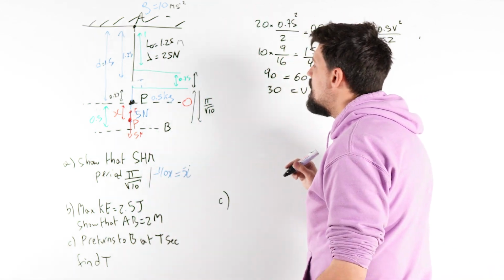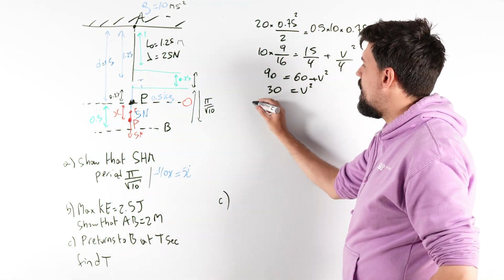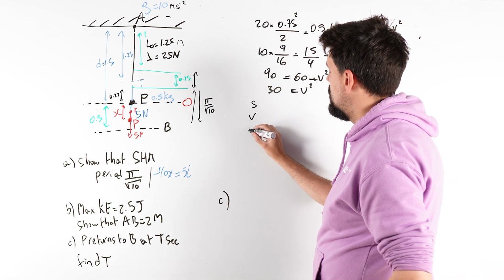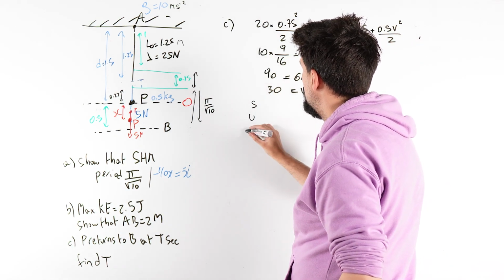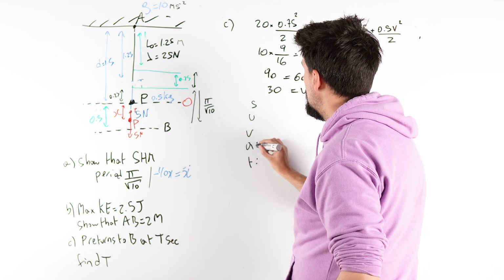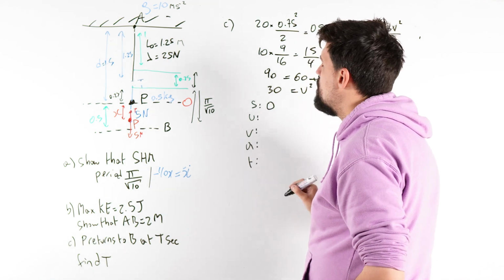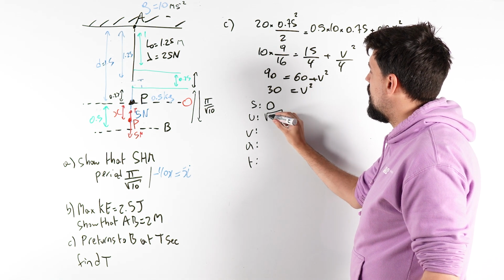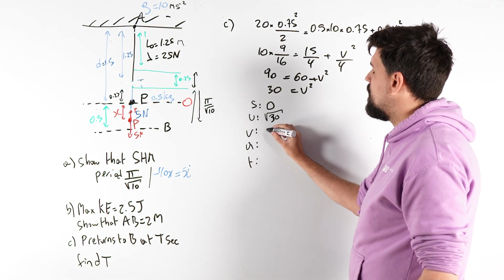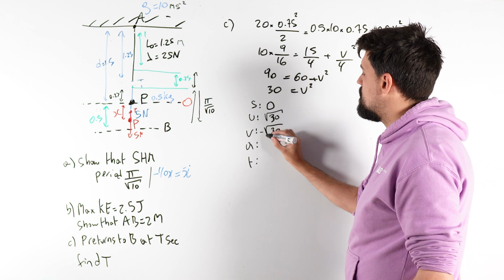Now we get to do a bit of SUVAT because we're in free fall. S-U-V-A-T. We want to come back to where we started. Our initial velocity is root 30. Our final velocity, well, we should know is minus root 30.